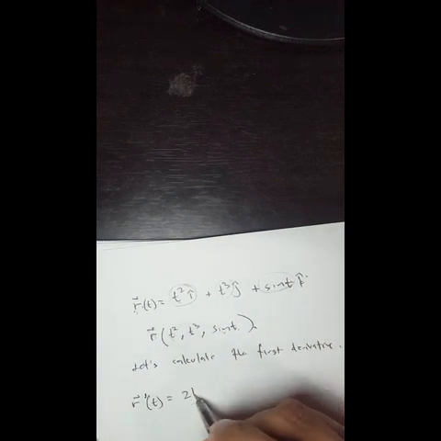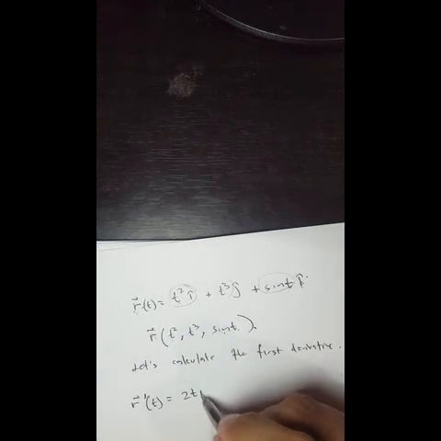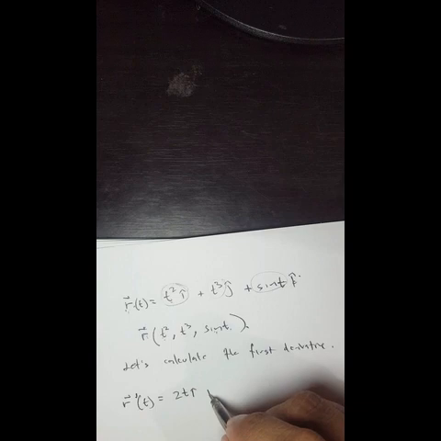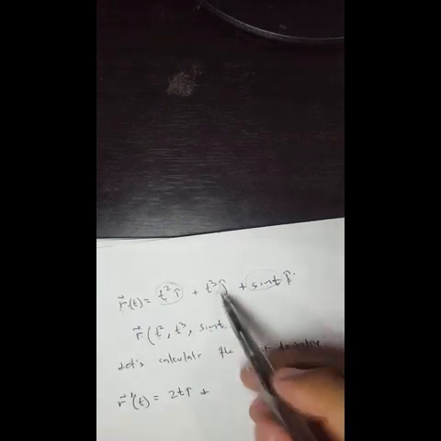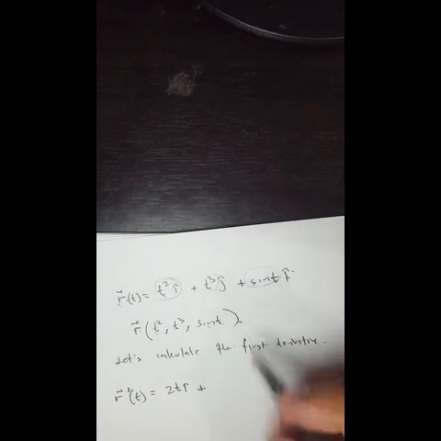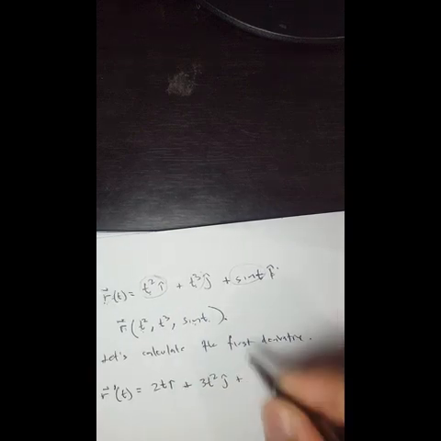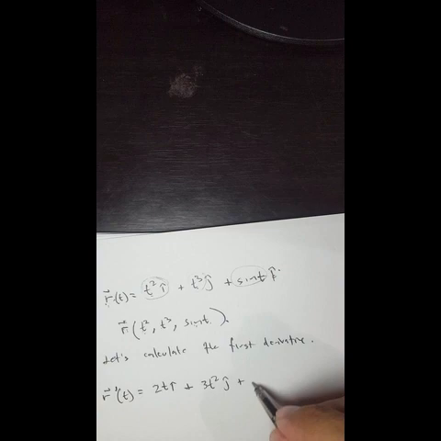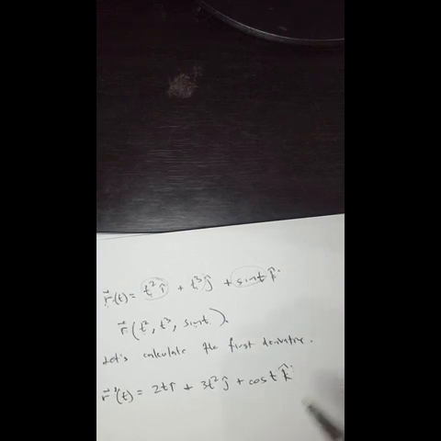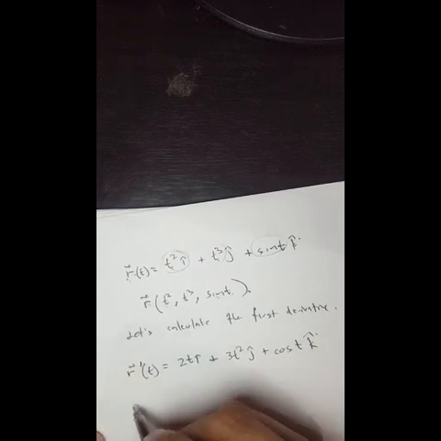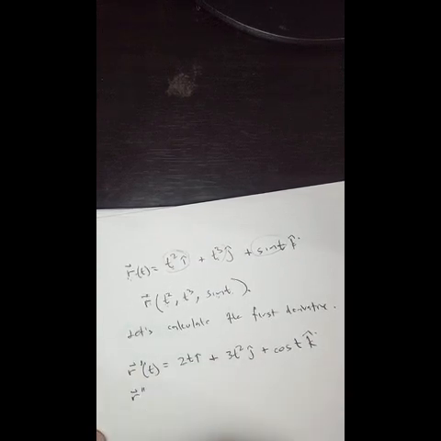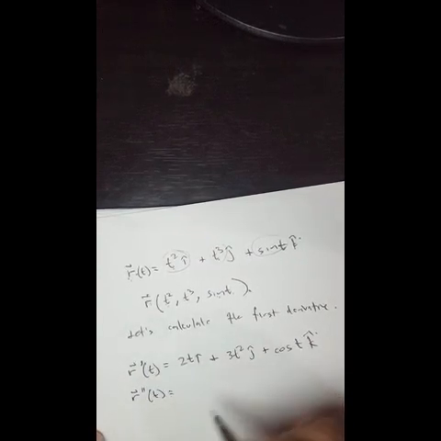It's just 2t, and then plus, what's the derivative of t cubed? It's just 3t squared, the j, and then this one would be sine, so it's cosine t along the k direction.